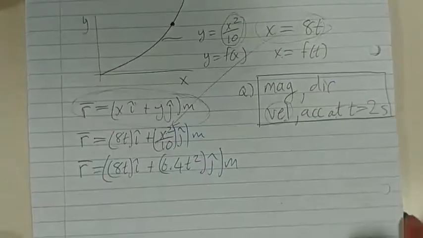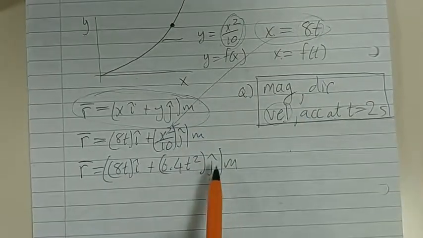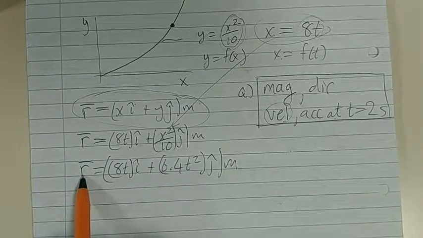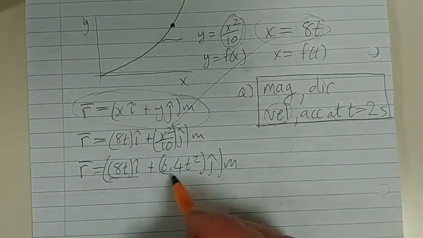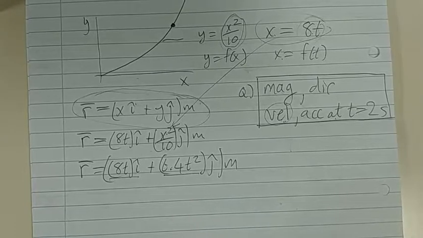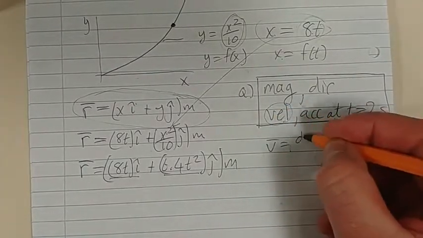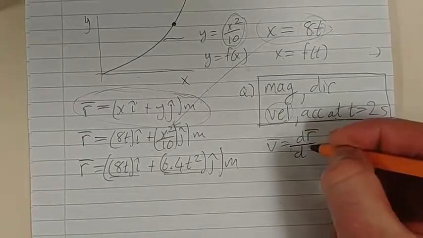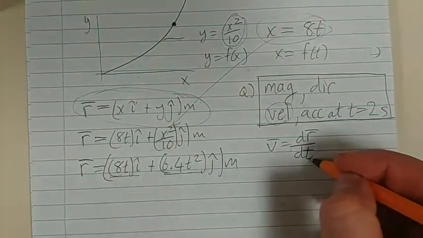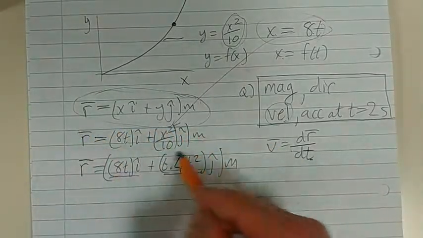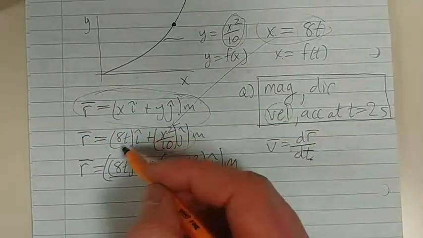This is really great because now I've got both, remember, position vector is a vector. It's got an x component, it's got a y component. And my velocity is dr/dt. If I had it in this form, then this would have been easy.